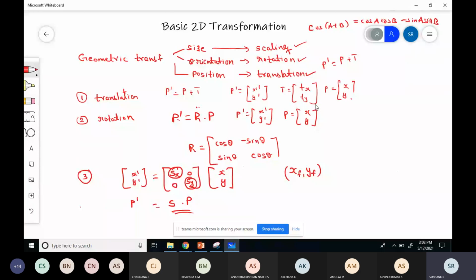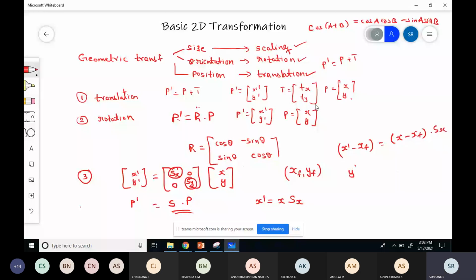In such cases, the calculation of scaling will be x dash minus xf, the difference between the new position and the fixed position, is equal to x minus xf into sx.